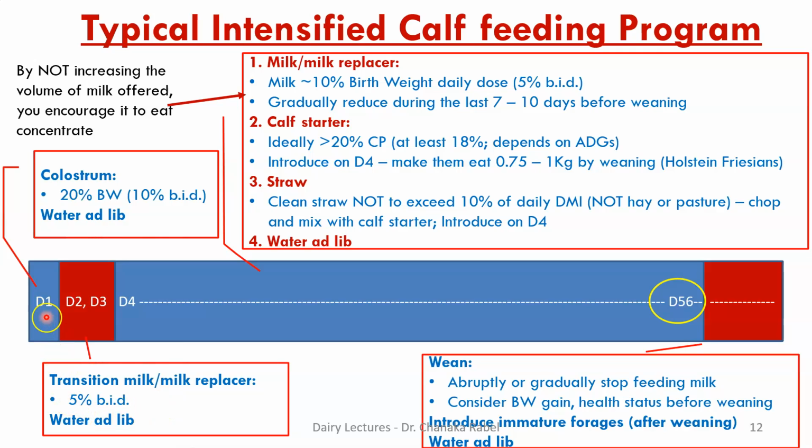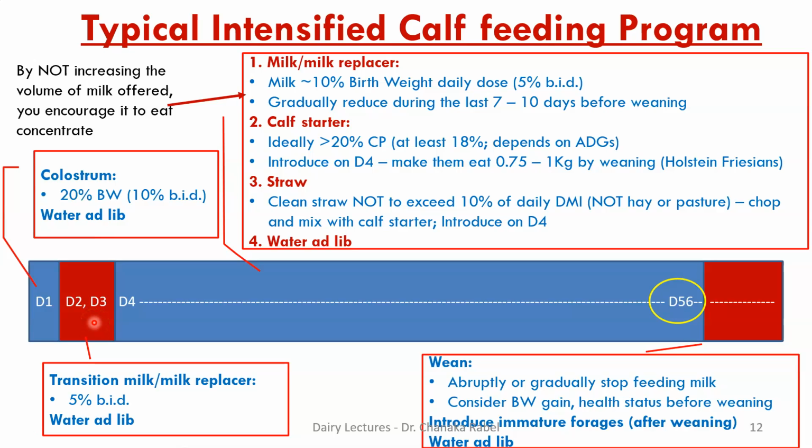So on day 1, we gave 20% of body weight or birth weight. But on day 2 onwards, we halve that, and now we give 5% of the body weight twice a day. So remember, now this is not body weight. On day 1, 2, 3, body weight and birth weight are probably not very different.